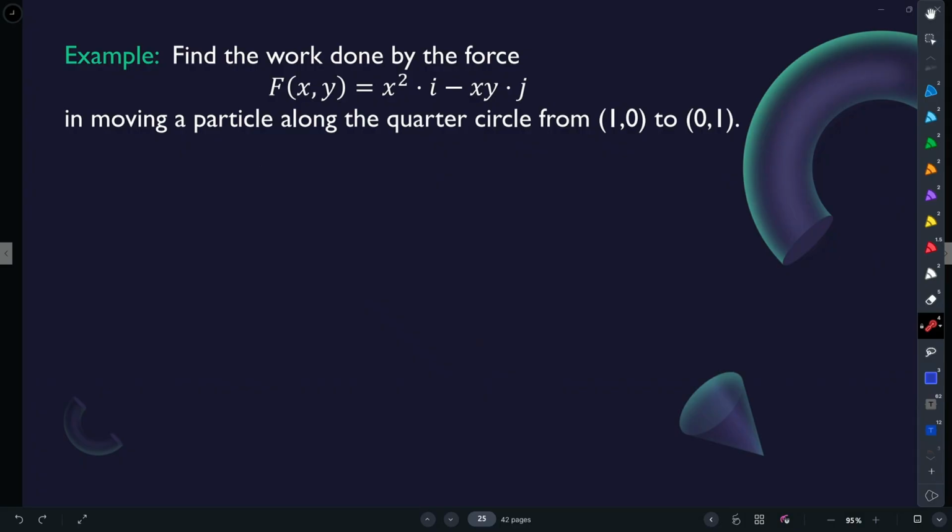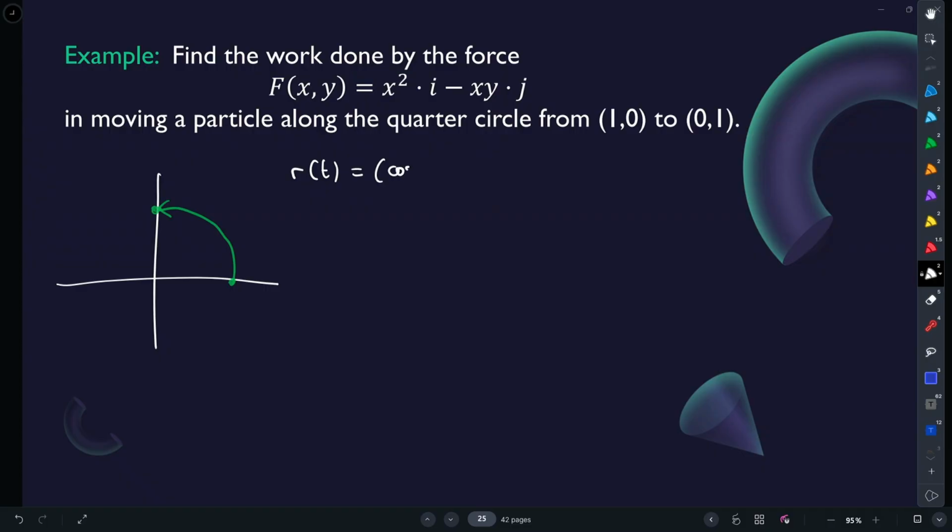So let's do an example of computing the work of a moving particle along a quarter circle under that force. We're going to be moving from (1, 0) to (0, 1). The first step is parametrizing that path.